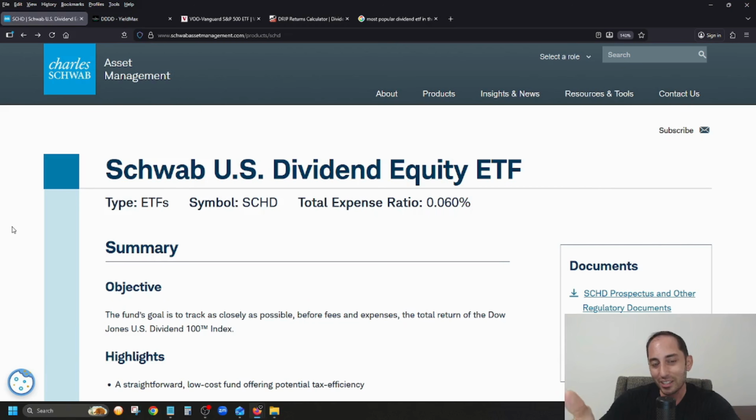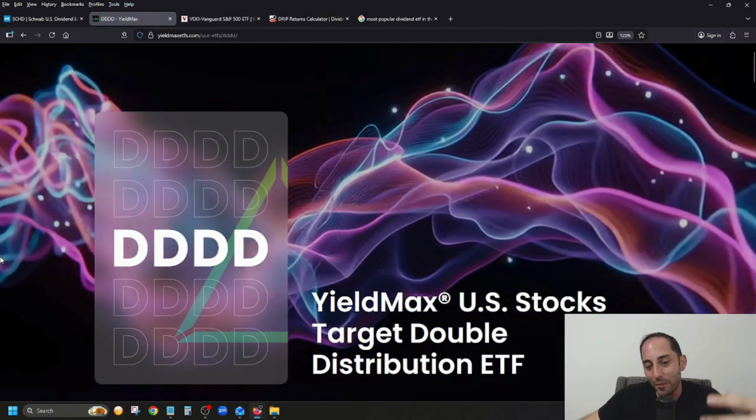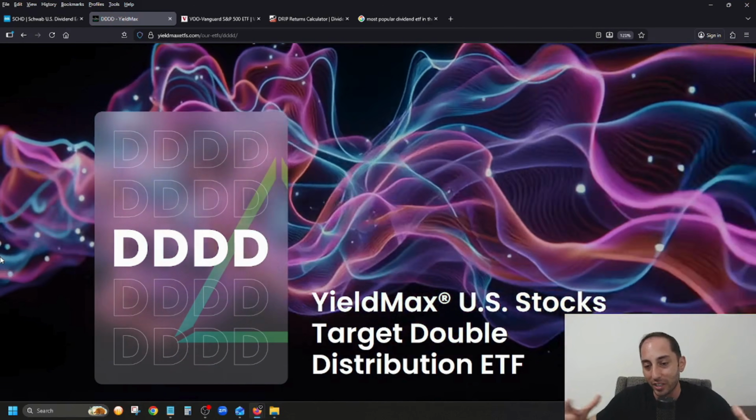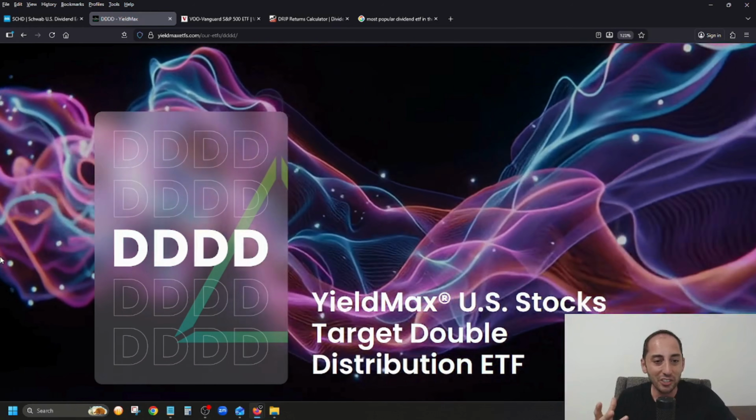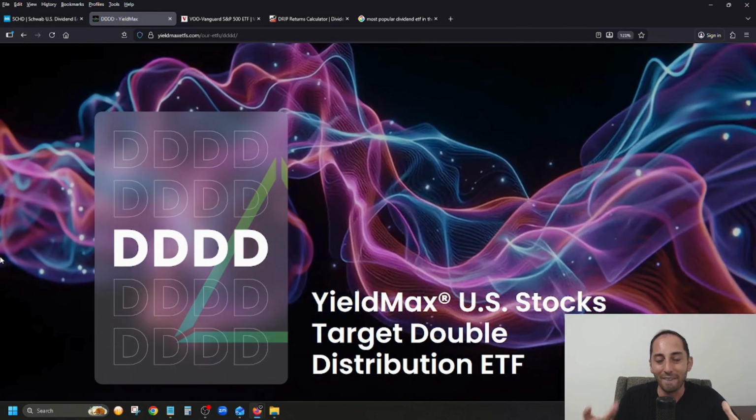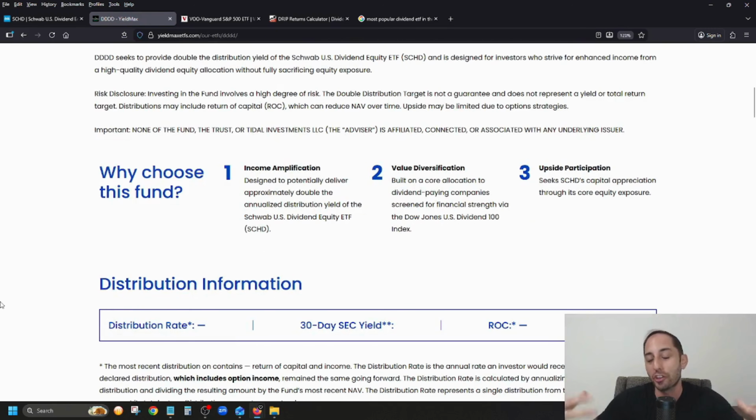But because SCHD's yield is approximately 3% and DDDD is trying to target double that, all they need to do is really generate an additional 3% approximately a year.